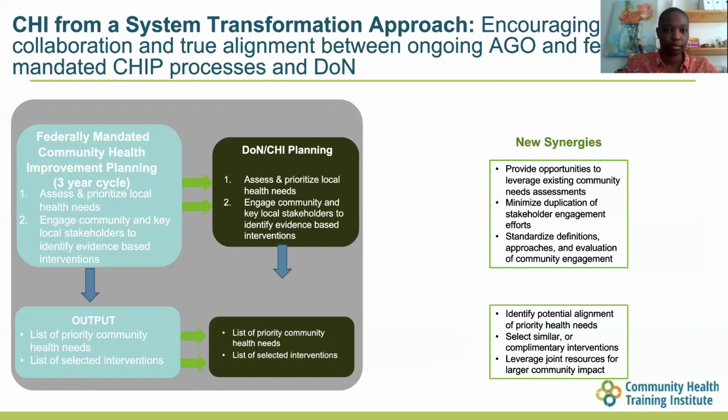In doing this, we view CHI from a systems transformation frame. This approach allows providers to leverage existing community health needs assessments, minimize duplication of stakeholder engagement efforts, standardize definitions, approaches, and evaluation of community engagement, leverage potential alignment of priority health needs, select similar or complementary interventions across providers and systems of care, and leverage joint resources for larger community impact.